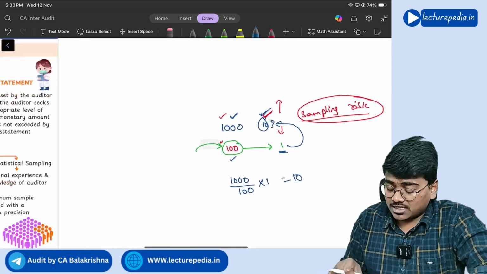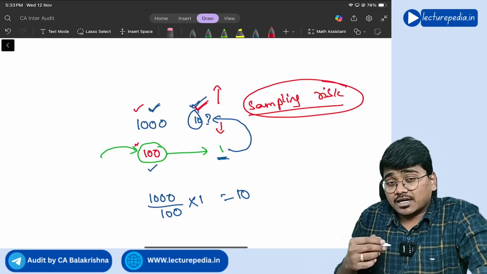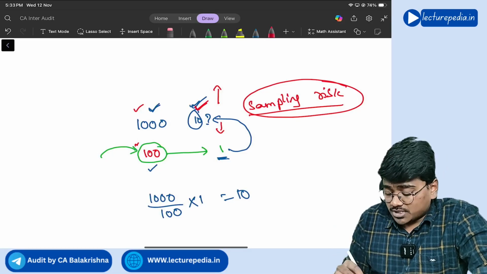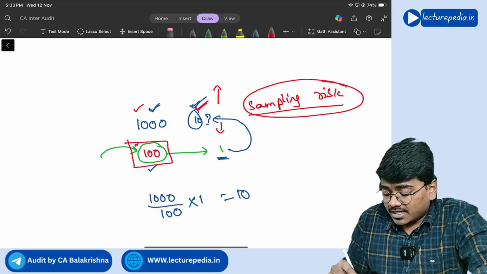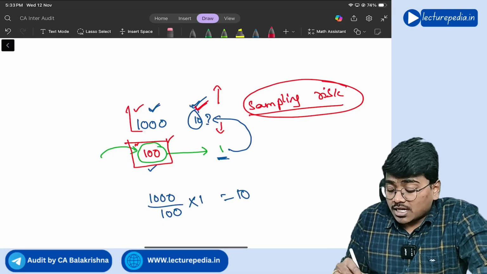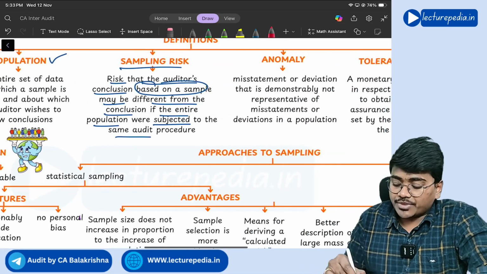So the risk that the auditor might reach a different opinion by performing audit procedures only on 100 items instead of on the complete items. Such a risk is known as sampling risk.